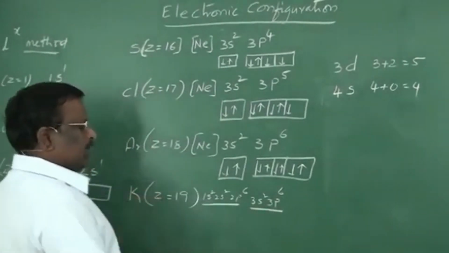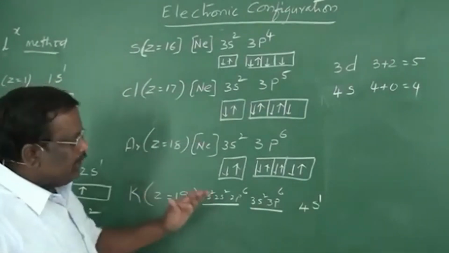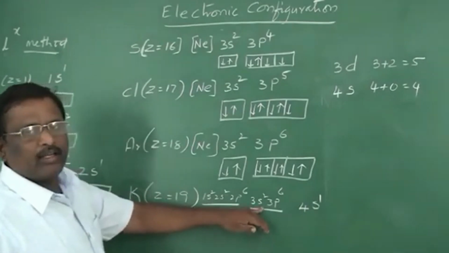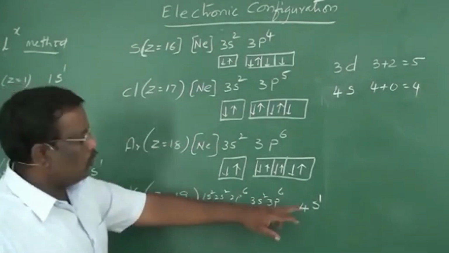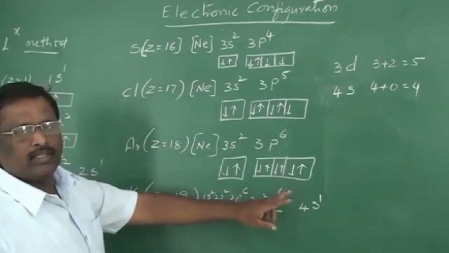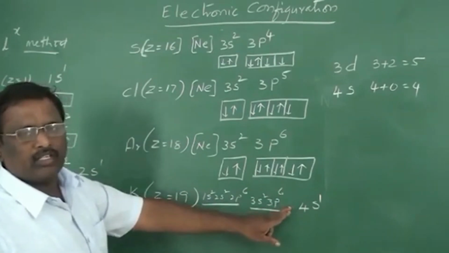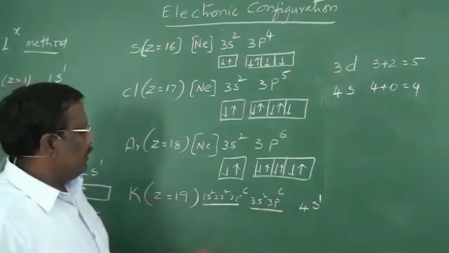And the 19th electron will enter 4s1. Though there is a d orbital in the third energy level, its n plus l value is more than 4s. That's why the electron will enter 4s instead of 3d. So in potassium, the electronic configuration will be argon, up to this is argon configuration, and 4s1.